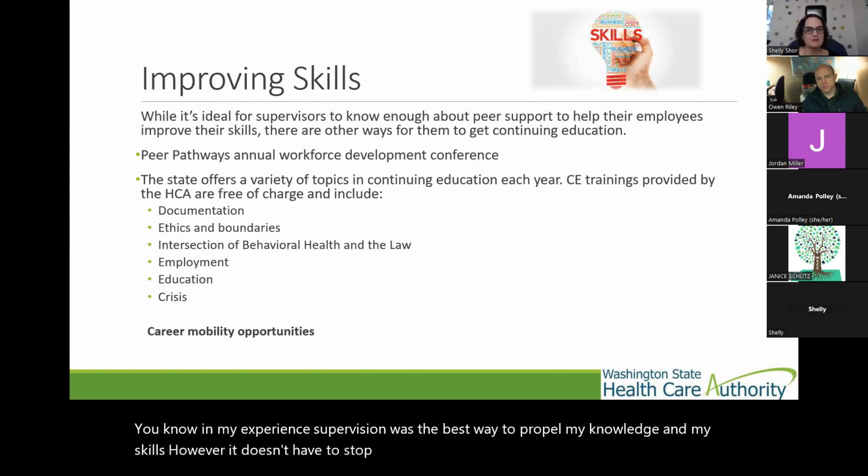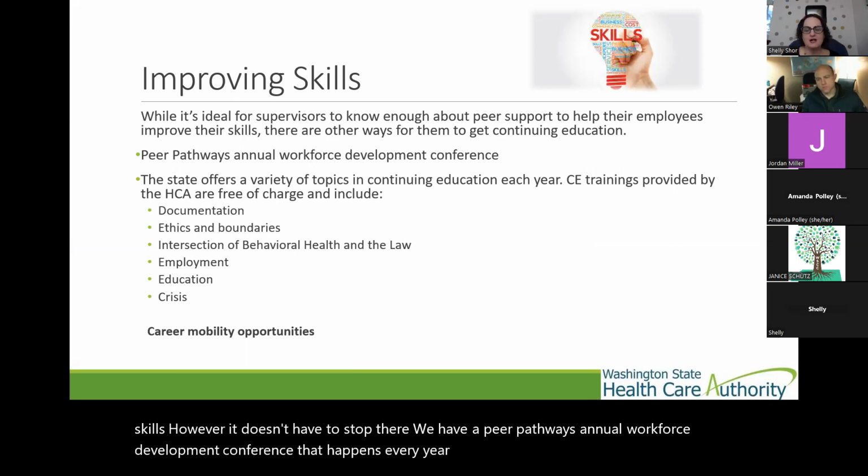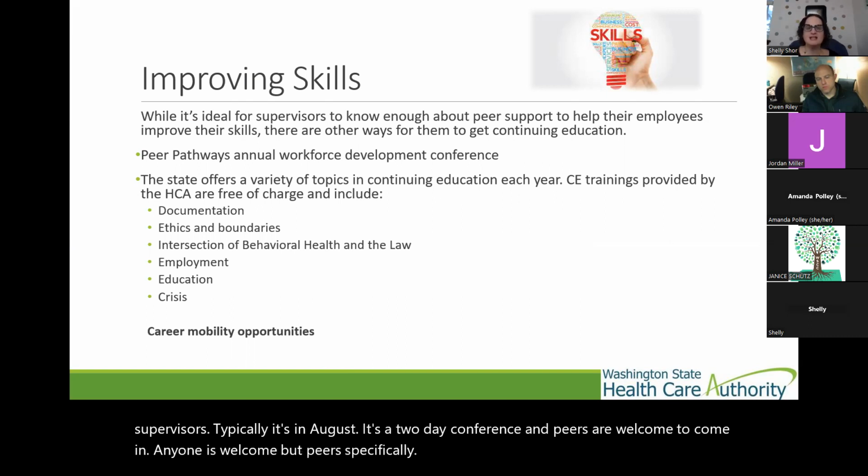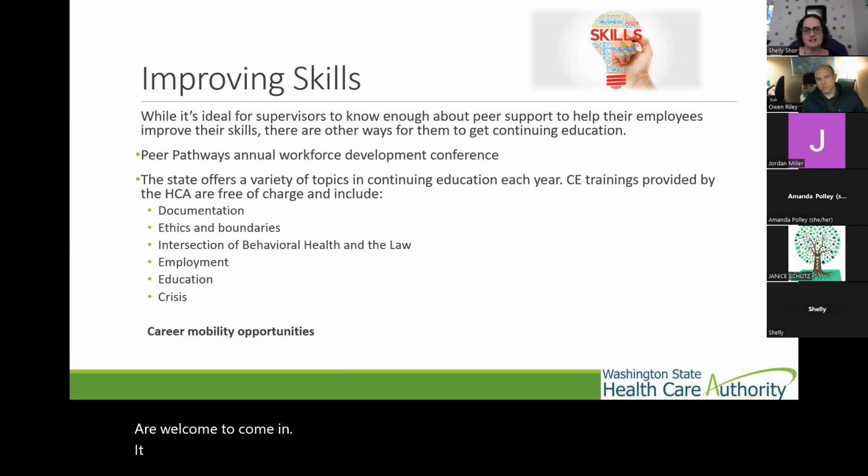We have a Peer Pathways annual workforce development conference that happens every year. It's wonderful. We have peers there, allies, supervisors. Typically it's in August. It's a 2-day conference, and peers are welcome to come in. Anyone is welcome, but peers specifically are welcome to come in, network, learn, and connect.